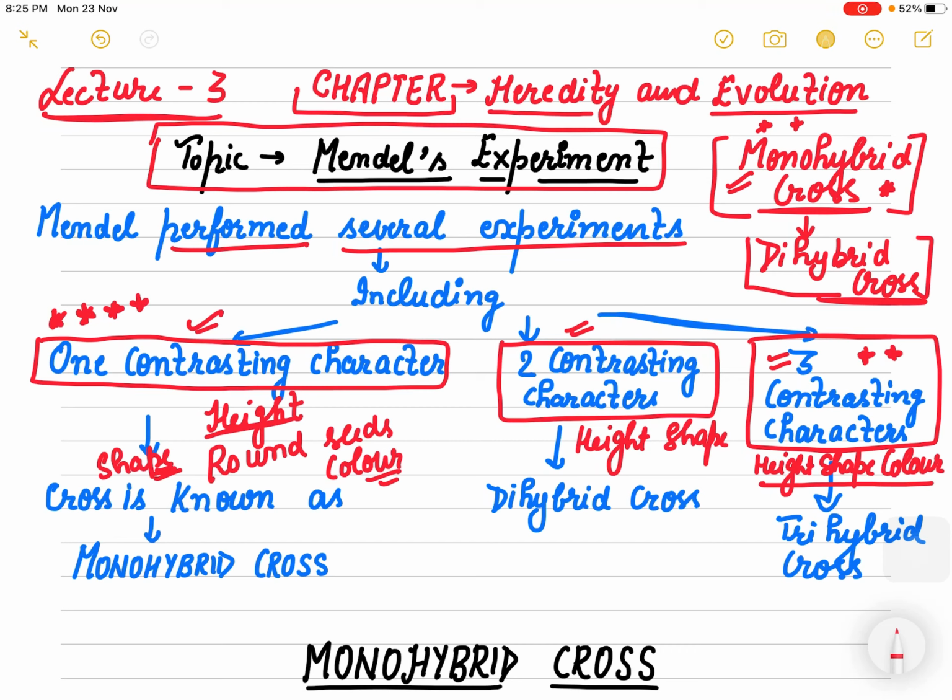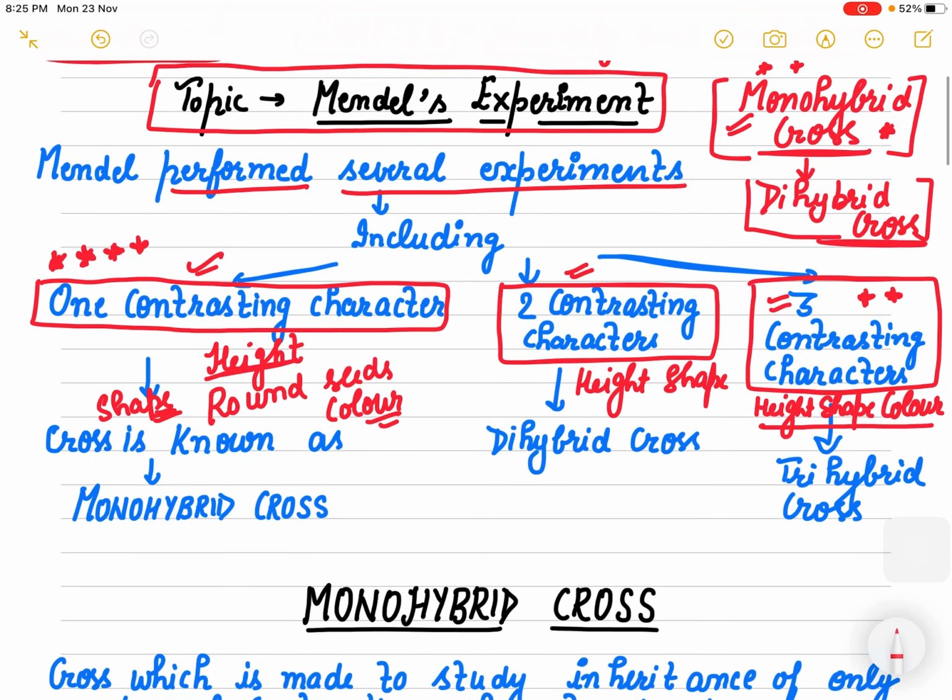When Mendel studied only one contrasting character at a time, if you recall, in my last lecture we studied a table in which we talked about dominant and recessive characters, right? So when Mendel took into consideration only a single character, it was explained by a technique which is known as monohybrid cross.